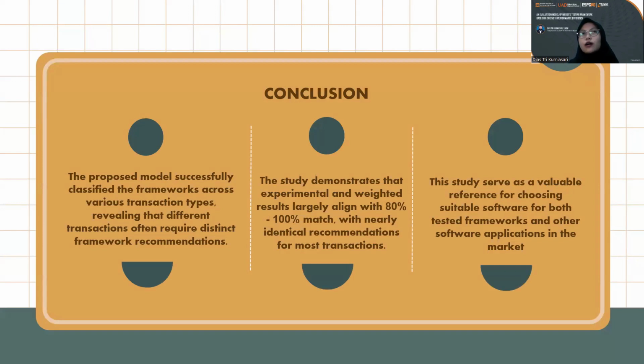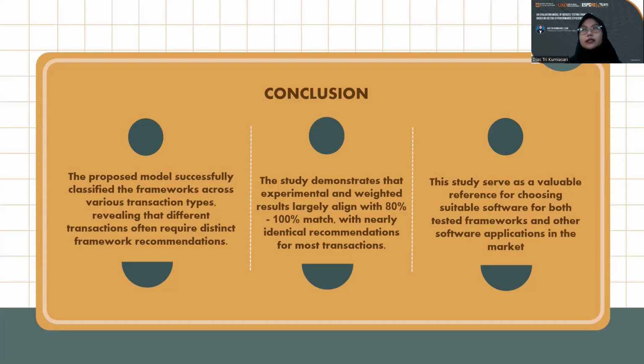Okay, the conclusions of our research are: the proposed model successfully classified the frameworks across various transaction types, revealing that different transactions often require distinct framework recommendations. Then the study demonstrated that experimental and weighted results largely align, with 18 until 100% match and nearly identical recommendations for most transactions.